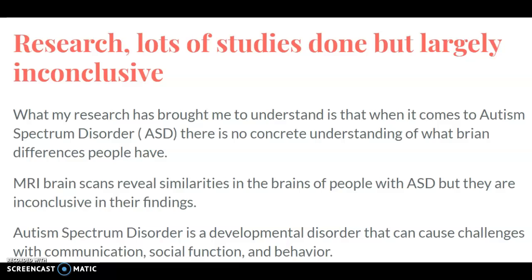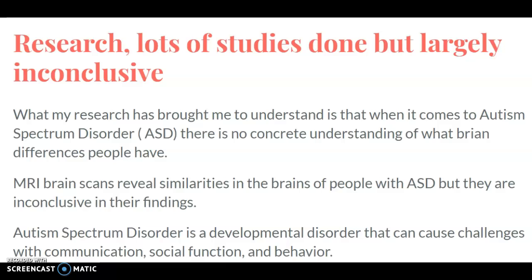There are synapse similarities. There is a larger amygdala. There are trends, but this is deemed inconclusive with actually understanding what an autism spectrum brain looks like.